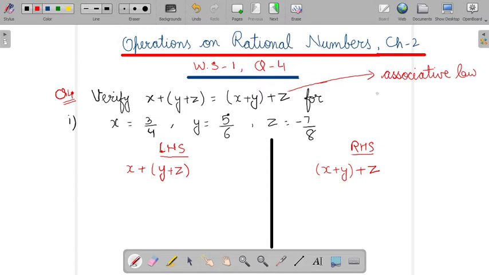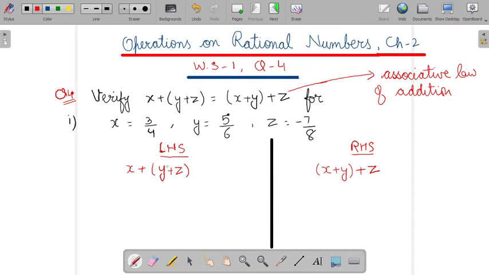Once again, wherever it is written in this form, x plus (y plus z) equals (x plus y) plus z, this type of property for rational number addition is called the associative law of addition.